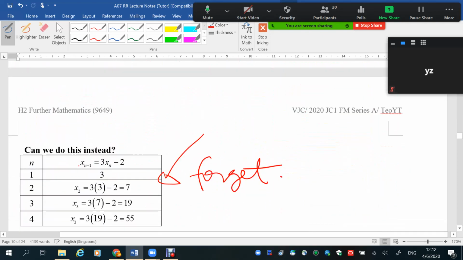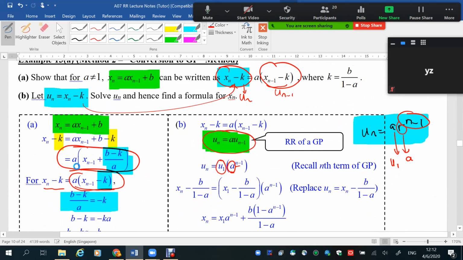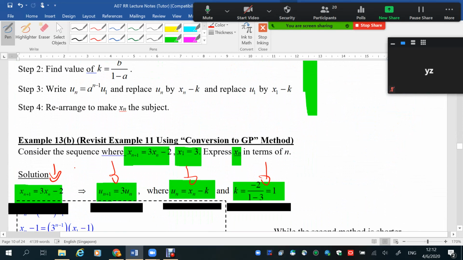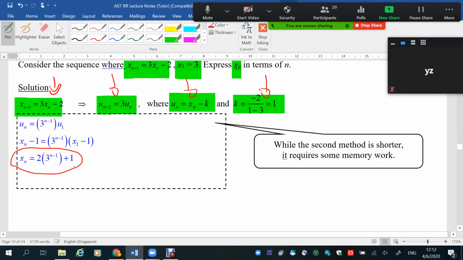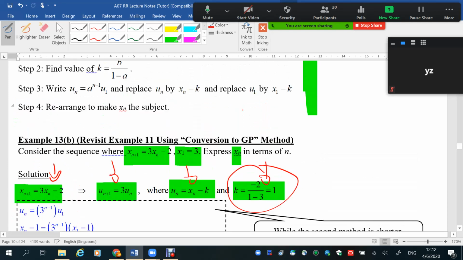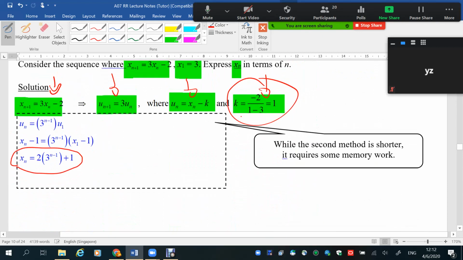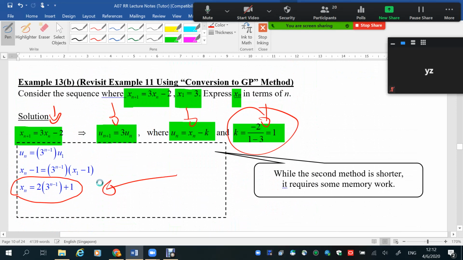Whereas the solution for example 13, which is exactly the same question, is just a 3-liner. But that is provided you can remember this k value and this general solution. If you cannot remember the general solution, it is impossible to arrive at this answer so quickly.